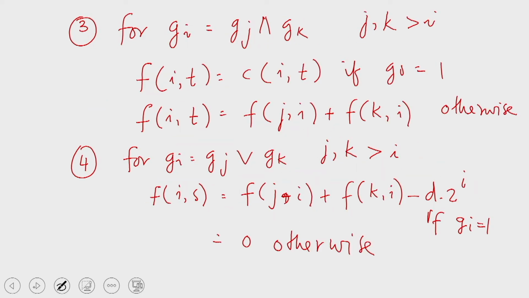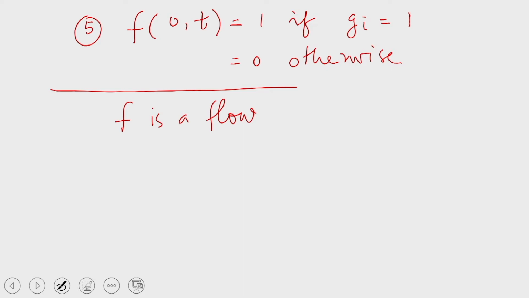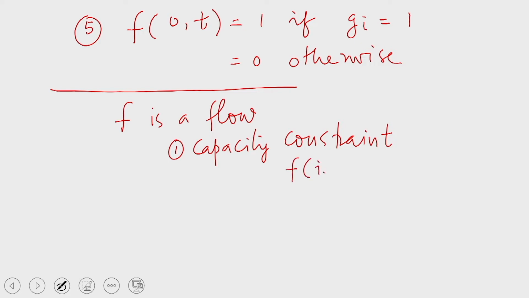Now we claim that f is a flow. For f to be a flow, it should satisfy 3 conditions. One is the capacity constraint. The capacity constraint says that the flow from I to j for every edge ij must be less than or equal to the capacity of the edge.